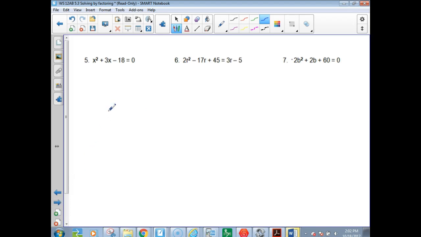So I'll show you. For this one, we're going to factor this into a binomial times a binomial. But notice the difference. These are set to 0. We're not just factoring, we're solving now. So when you see the equal sign, we're going to solve for x. That's what we're doing, which is, again, going to find us the zeros.